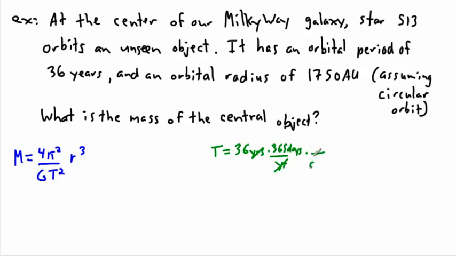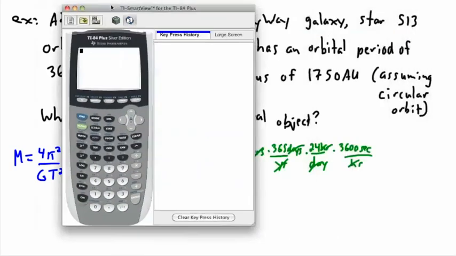And again, I'm going to do something where I know how many days there are, and it turns out there's 24 hours in a day. That'll get rid of this. And I can do 60 minutes in an hour and then 60 seconds in a minute, or I can be a little bit lazier and say 3,600 seconds in 1 hour. That's the same thing as saying 60 times 60. Well, then I'll use my trusty calculator here and do this number.